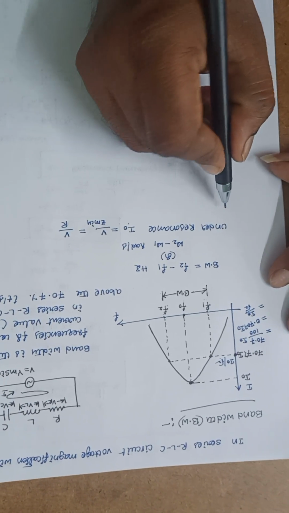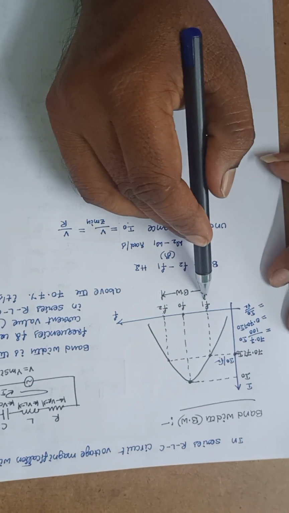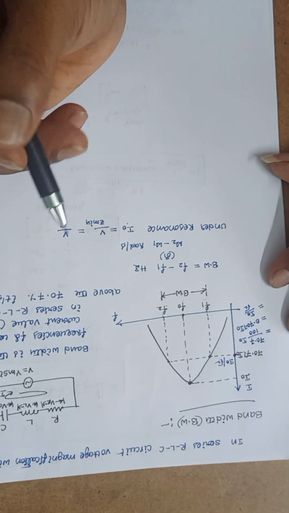Let me find the current at the cutoff frequencies. Here f1 and f2 are known as cutoff frequencies.